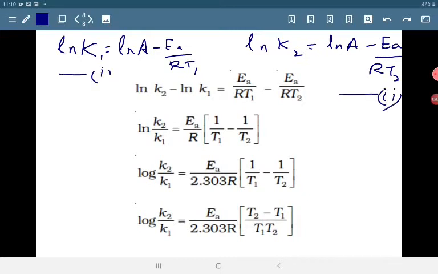Now if we subtract log k2 minus log k1, the log of A terms cancel out and we get this equation, isn't it? So log of k2 minus log of k1 is equal to Ea by RT1 minus Ea by RT2.